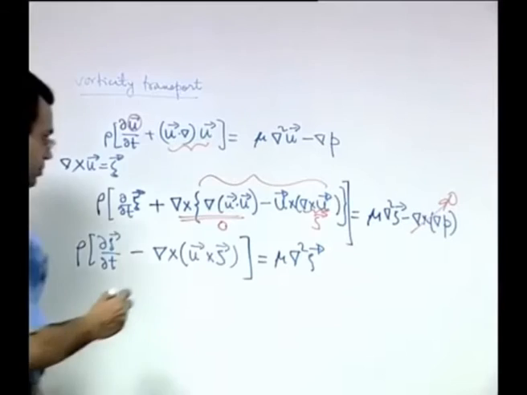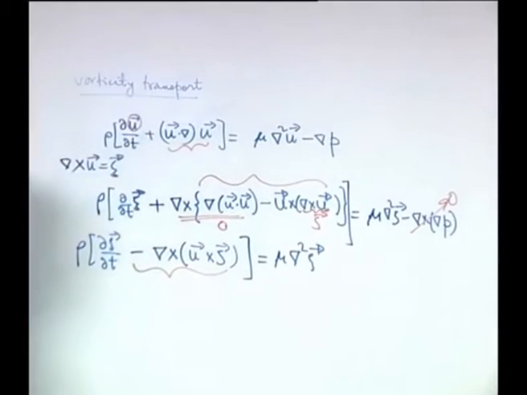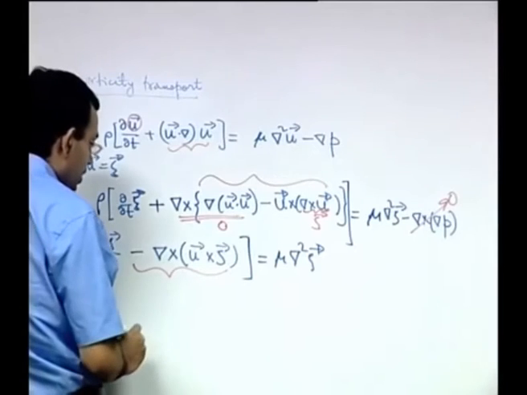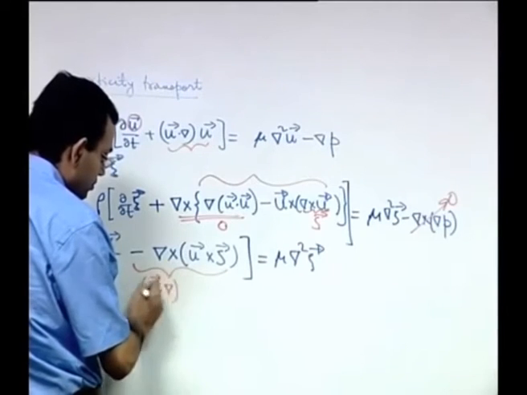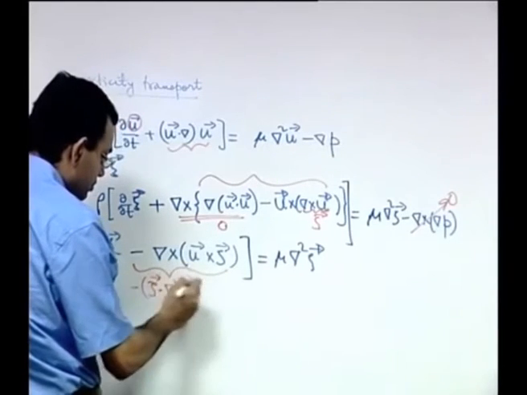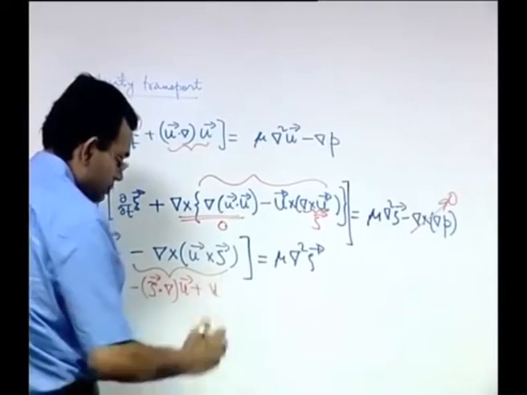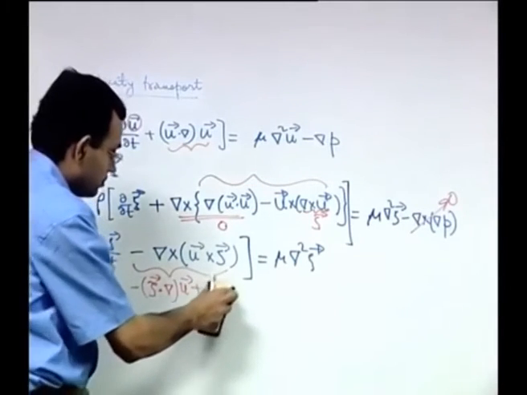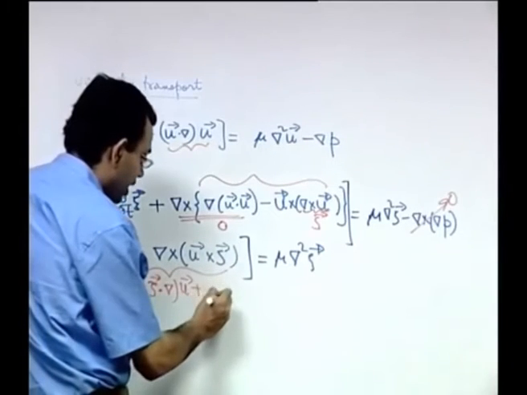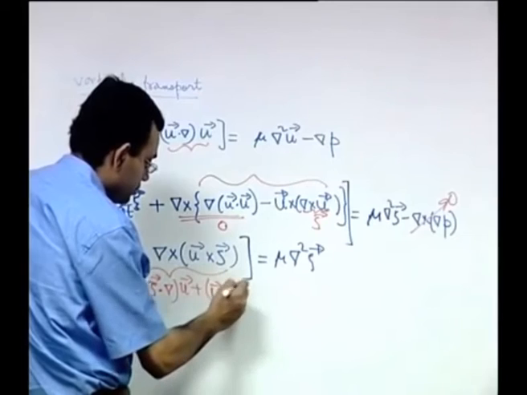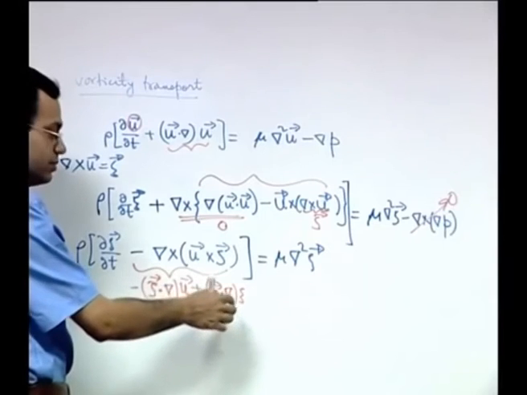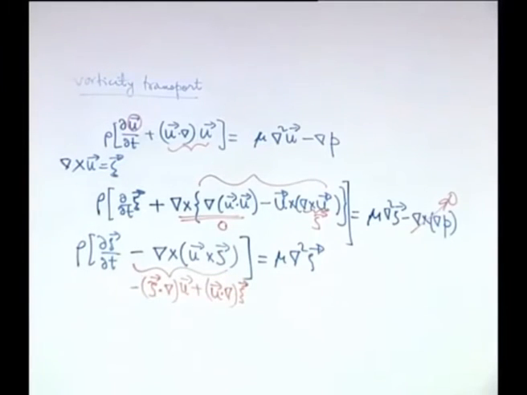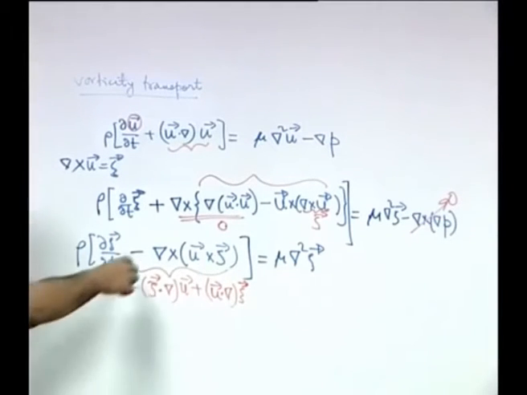Now, this term we can write again by a vector identity: zeta dot del u and u dot del zeta, one with the opposite sign to the other, this includes the minus sign.